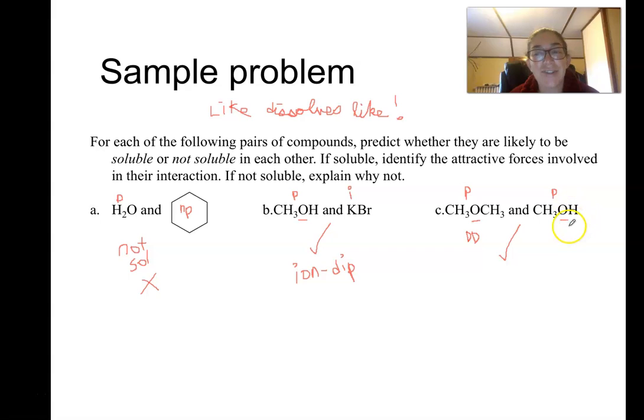That OH can do hydrogen bonding. And remember, you just need one donor to do hydrogen bonding. So this hydrogen here could hydrogen bond to this oxygen over here. So hydrogen bonding is the attractive force that's involved in these two things being soluble with one another. They can hydrogen bond.